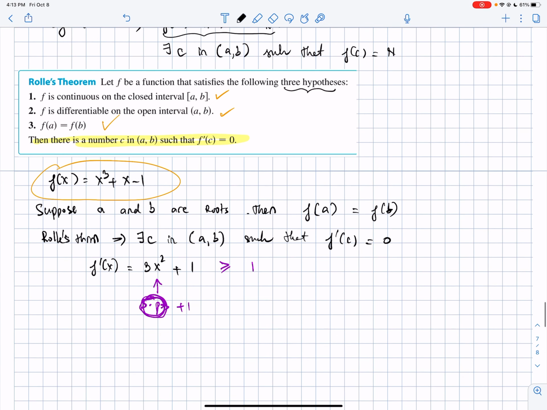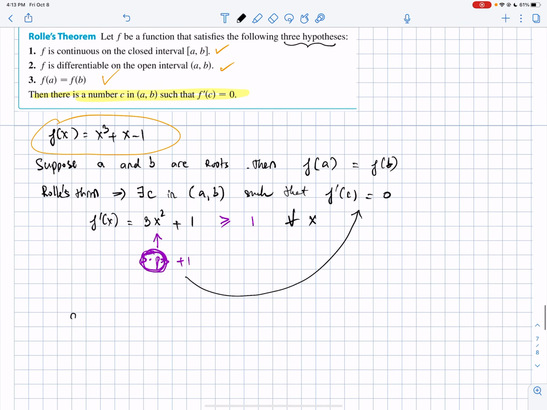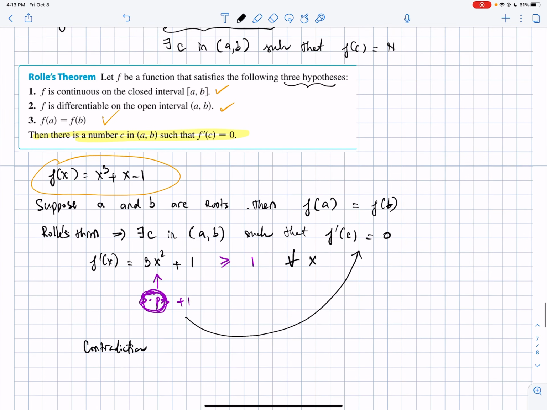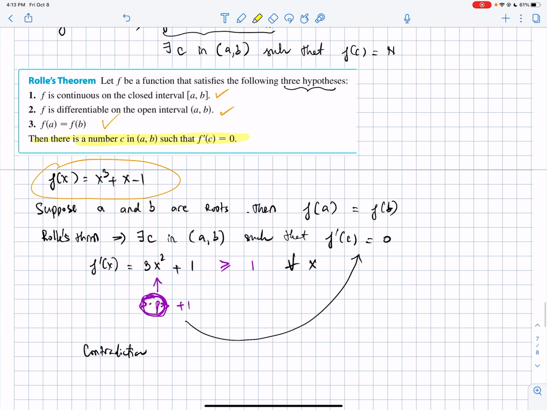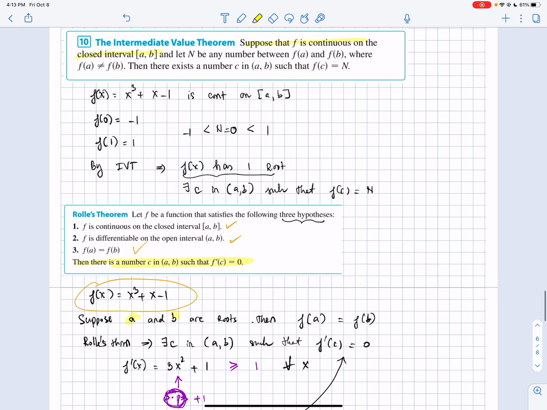So it's at least 1 for all values of x. So this is a contradiction, because we just concluded that f prime of c for some c will be equal to 0. Now we look and it is not 0. It's strictly greater than 0. So we have the contradiction right there. So we cannot have two roots, and we just have exactly one real root.